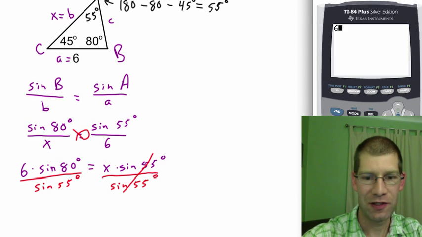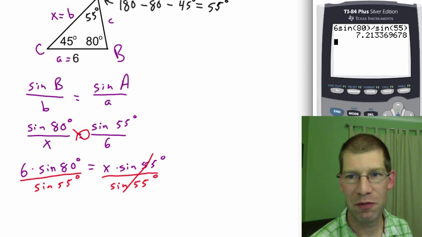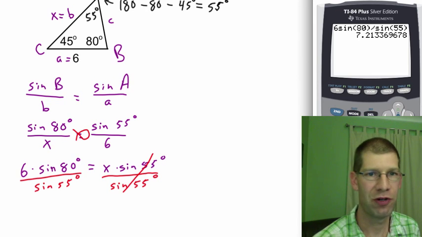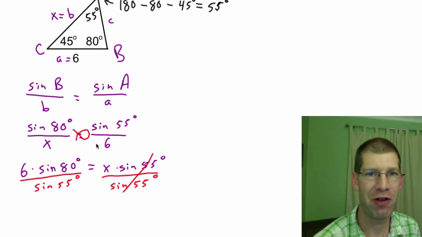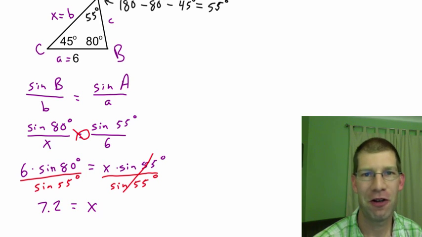So if I do 6 times sine of 80, make sure you end your parentheses there in the numerator, that's key, divided by sine of 55. And we come up with 7.2, which is pretty reasonable for what we were kind of eyeballing. So then final answer, x is going to be 7.2. That rounds out all the notes on law of sines.